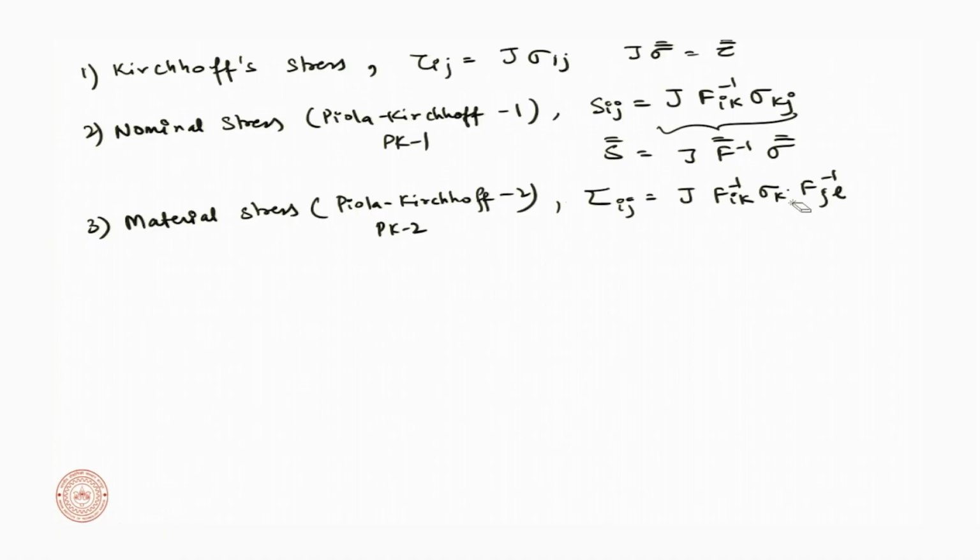My bad. Sigma kl F inverse of jl. So, sigma is equal to J times F inverse sigma F inverse transpose. So, these three are the other three definitions of stress apart from the Cauchy stress.